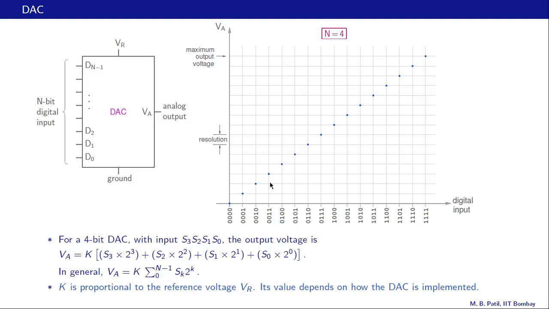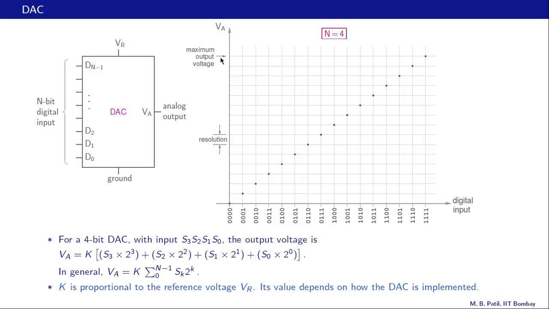Alright, now this difference between two successive output values is called the resolution of the DAC. Knowing the number of bits of the DAC and the maximum output voltage, we can easily figure out the resolution, because we know that there are 2 raised to n minus 1 divisions over here.